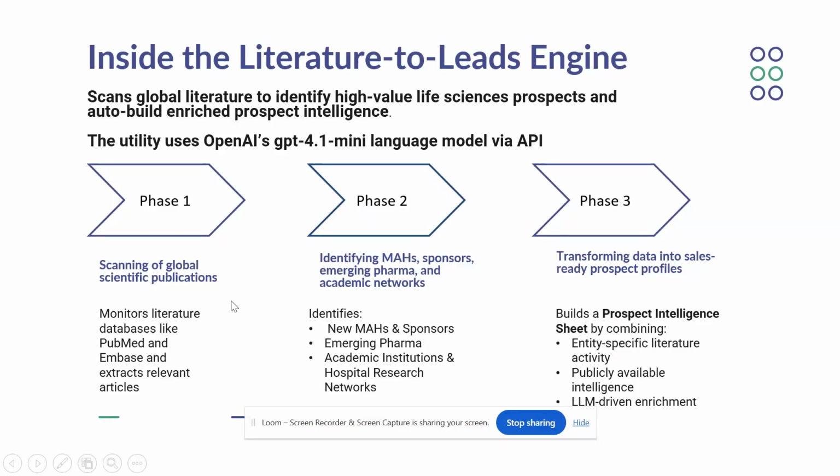In phase 1, it monitors databases like PubMed and Embase and extracts relevant articles. In phase 2, it identifies different MAH sponsors, emerging pharmas, and academic networks. And finally, using an LLM, it transforms these into sales ready prospect profiles.